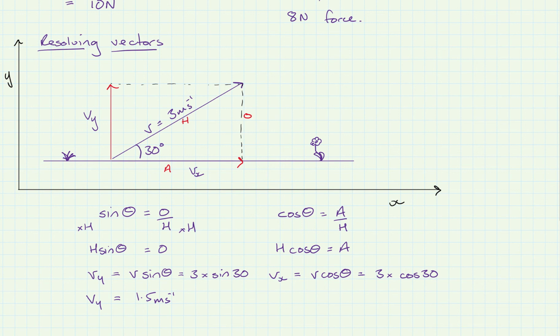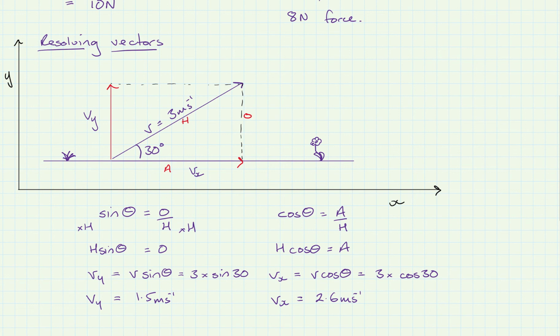Cos 30 is probably root 3 over 2, and I don't know how to do that off the top of my head. So Vx equals 3 times root 3 over 2, I think, which is 2.6. Could be wrong. Correct me in the comments if I am wrong. So that is a way to split a vector into 2 perpendicular components.